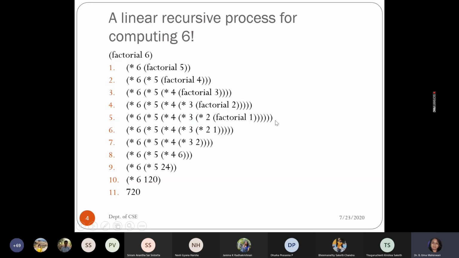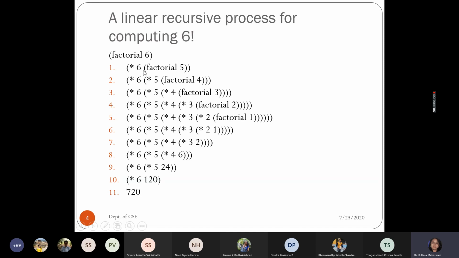So the number of expansions depends on the value of n that you pass. Linearly, n is proportional to the number of factorial calls. That's why we call it linear recursion, and the process we call a linear recursive process.